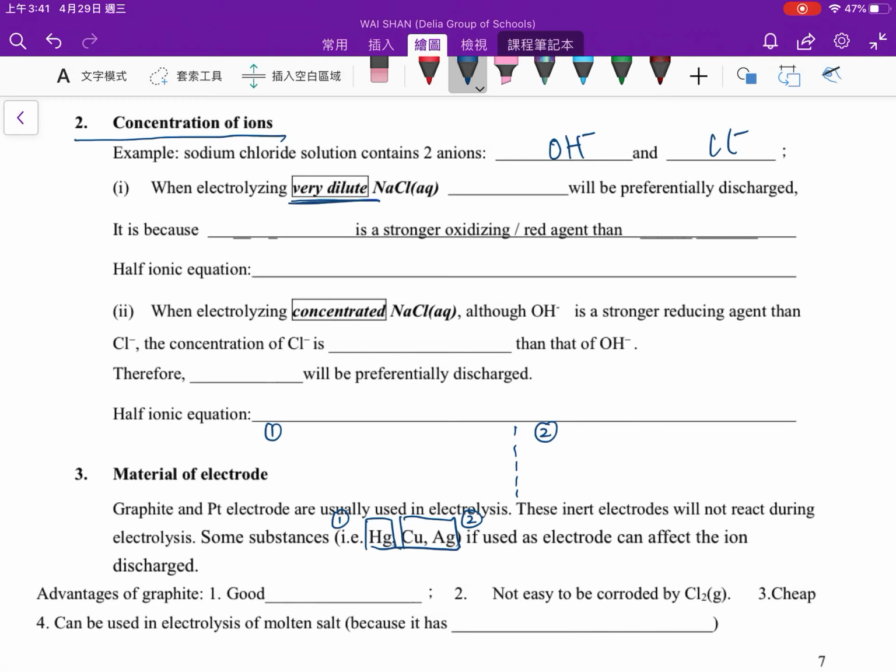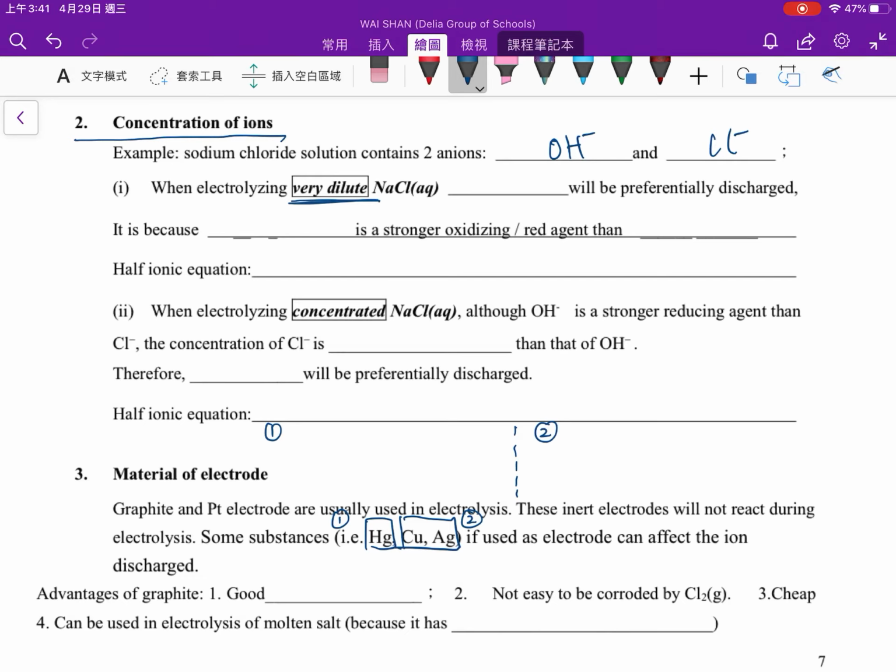When we are electrolyzing very dilute sodium chloride solution, then we just consider ECS, and hydroxide has a higher position than chloride in ECS, so hydroxide will preferentially discharge.